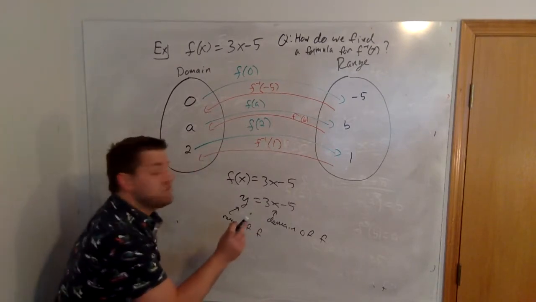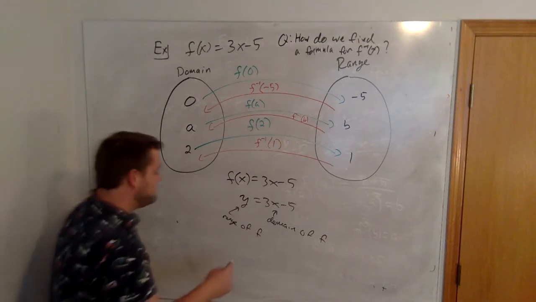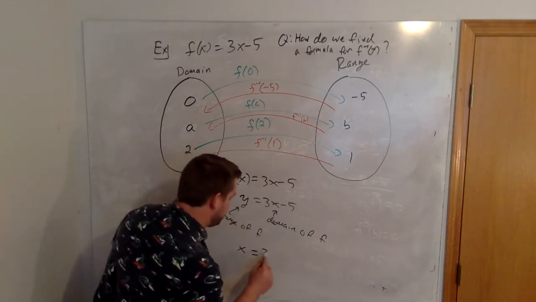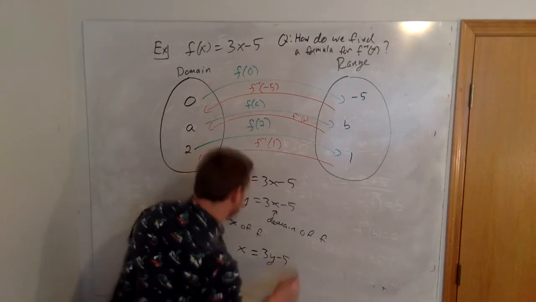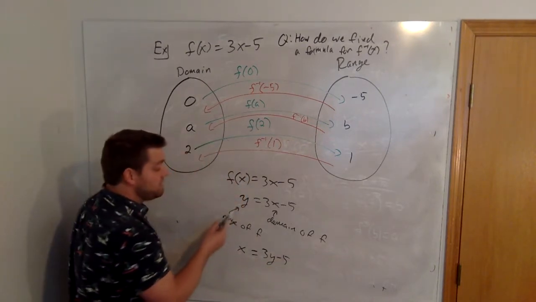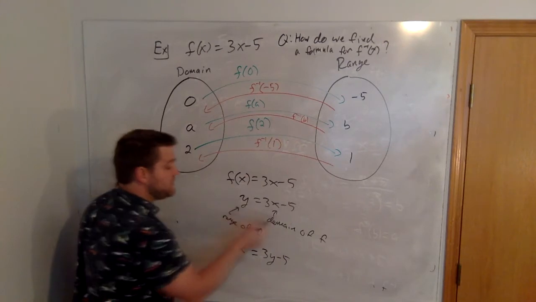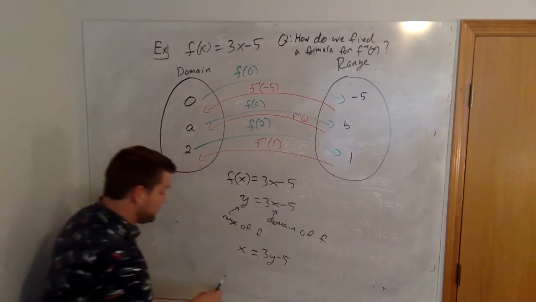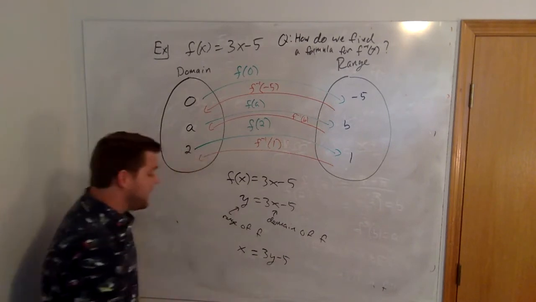Now what I want to do is flip-flop these. I want this to be x, and then I get 3y minus 5. Because now, for my inverse, this is where my inputs are going to be, and these are going to be my outputs. It's doing the backwards thing. I'd plug something in here, and I'd want to figure out the output.